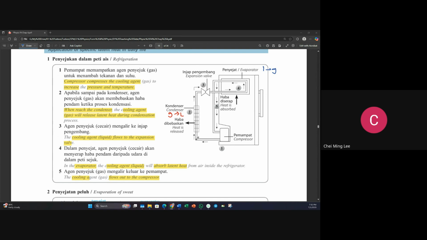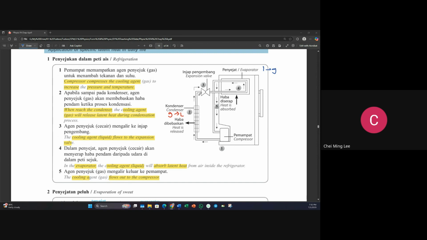But first, it will go to the condenser, which is outside, where the temperature is higher. Outside is cooler, so the heat will be released through the condenser. Then the cold fluid will enter the expansion valve.